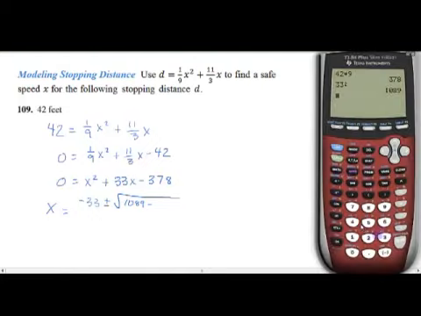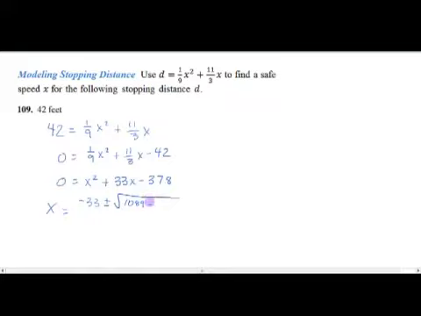So 4 times 378, I get 1512, and that was a negative 1512, so it's going to be a plus 1512 all over 2 times a, so just a 2 there.